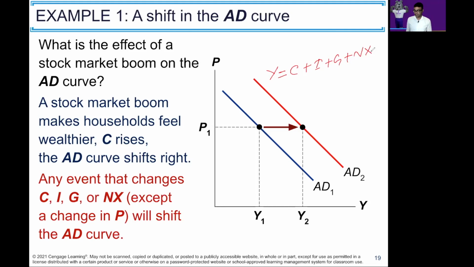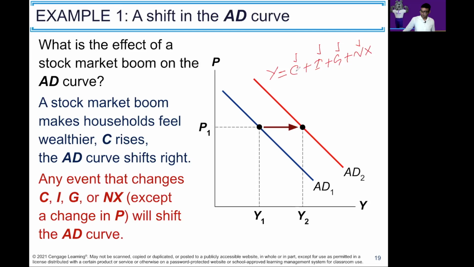We know the definitions: what is C, what is I, G, and NX. Any event that changes your C, I, G, or NX will shift your aggregate demand curve. If you do not remember or understand the definitions of C, I, G, and NX, this is the time to read them again, and how we measure all of those.